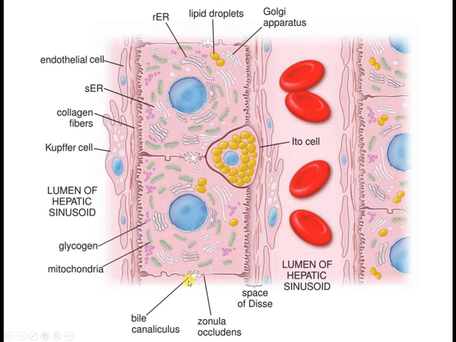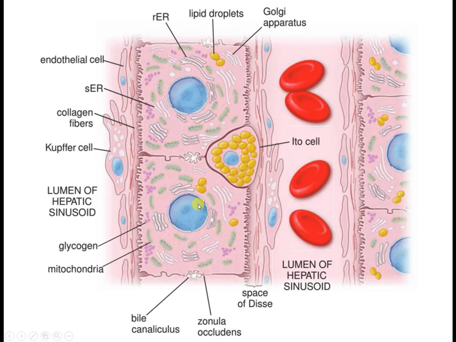But spoiler, in pathology we'll discuss when this bile canaliculi is hypertensive and this zonula occludens ruptures and bile leaks into the space of Disse and into the blood, which leads to, someone knows, jaundice. So when skin becomes yellow.